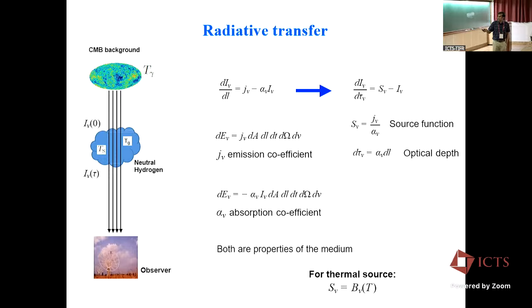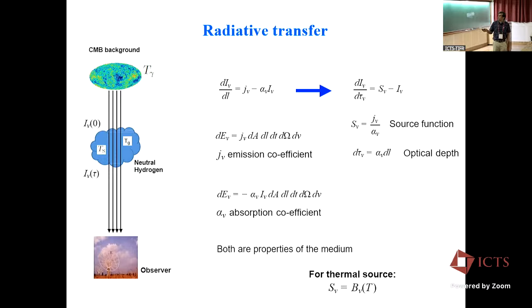When it enters the H1 cloud, the specific intensity will be the same as the CMBR specific intensity. But when it comes out of the cloud, its specific intensity will be something different. The corresponding equation that gives you the specific intensity at different locations is given by this equation.